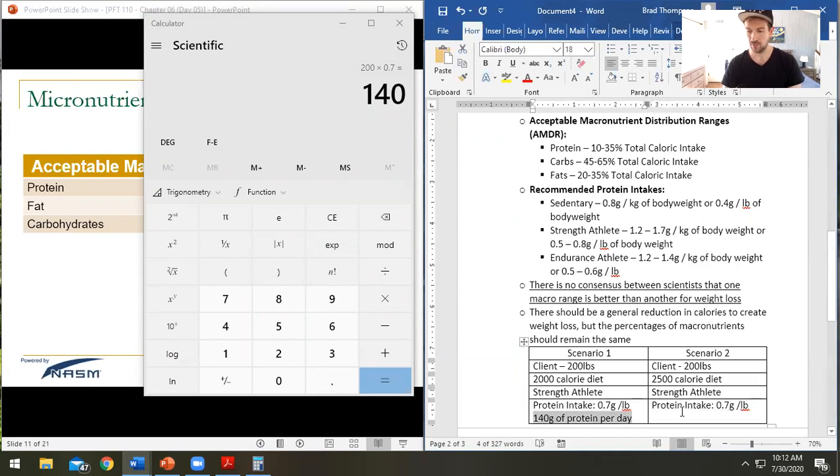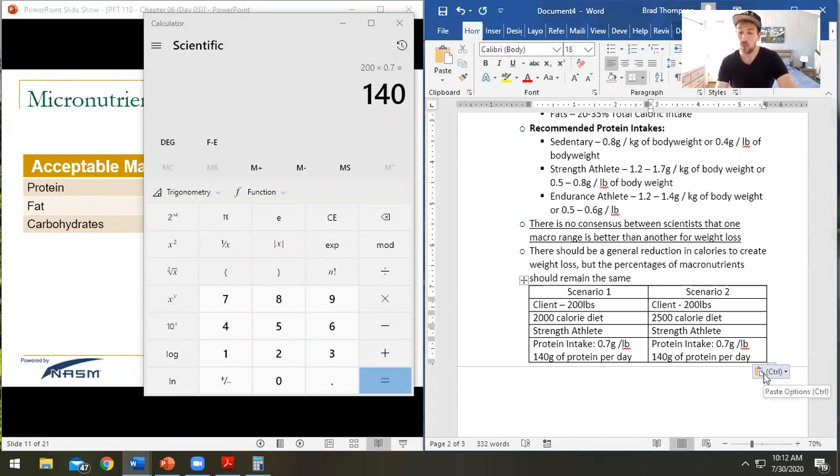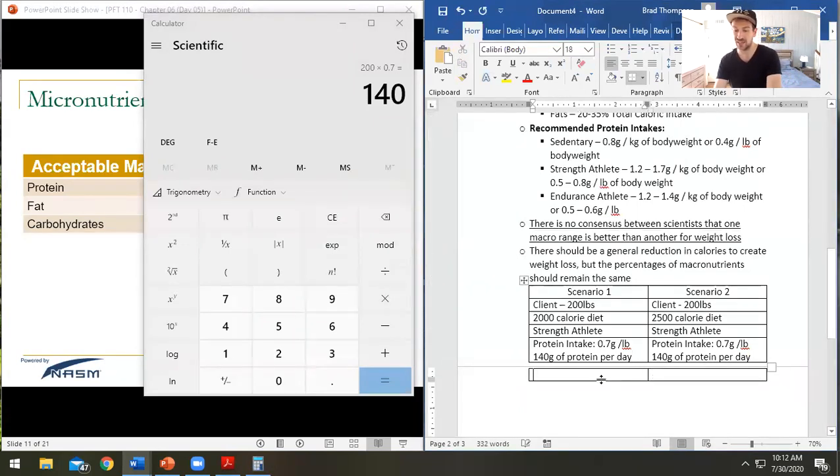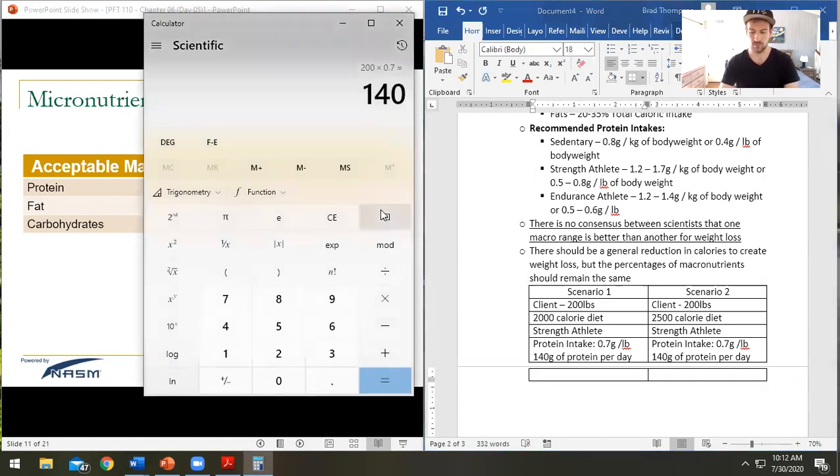So that's the same. But what that means for their diet is different, right? For a 2,000 calorie diet, that's 140 times 4, which is 560 calories. In both of these, they're getting 560 calories per day from protein.